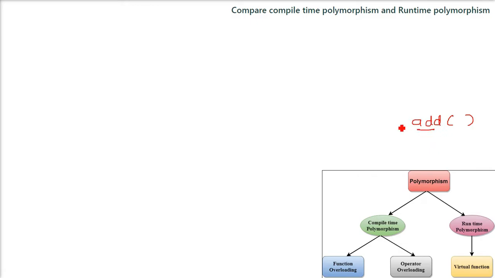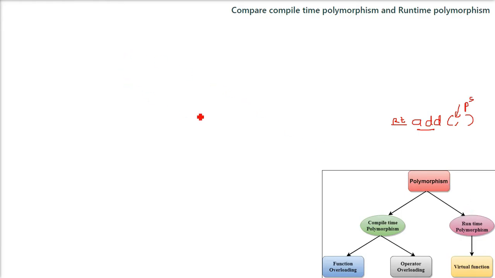The only difference is the signature, that is the input parameters and the return type. It depends on the input types and return type which function is going to be called. So in compile time we have function overloading and operator overloading. In runtime we have function overriding, and we implement it using virtual functions.